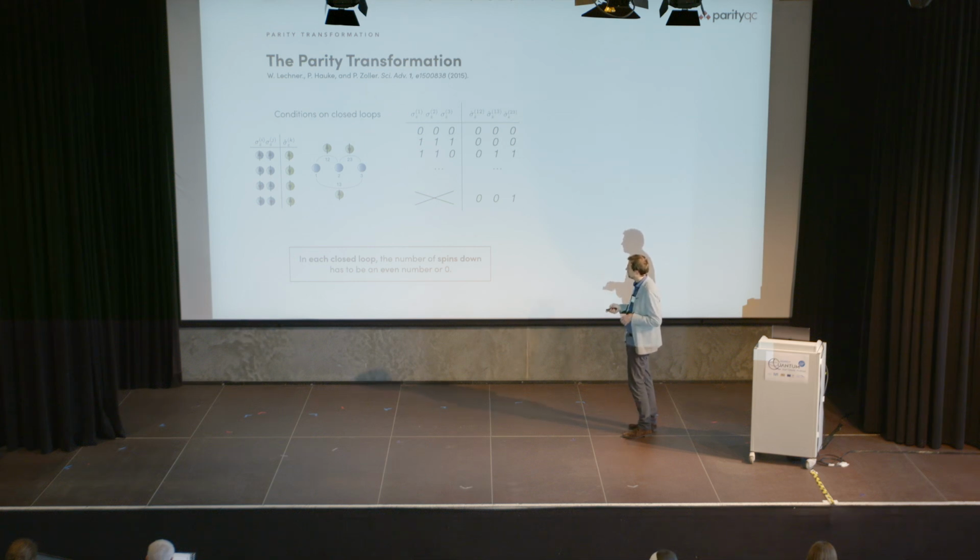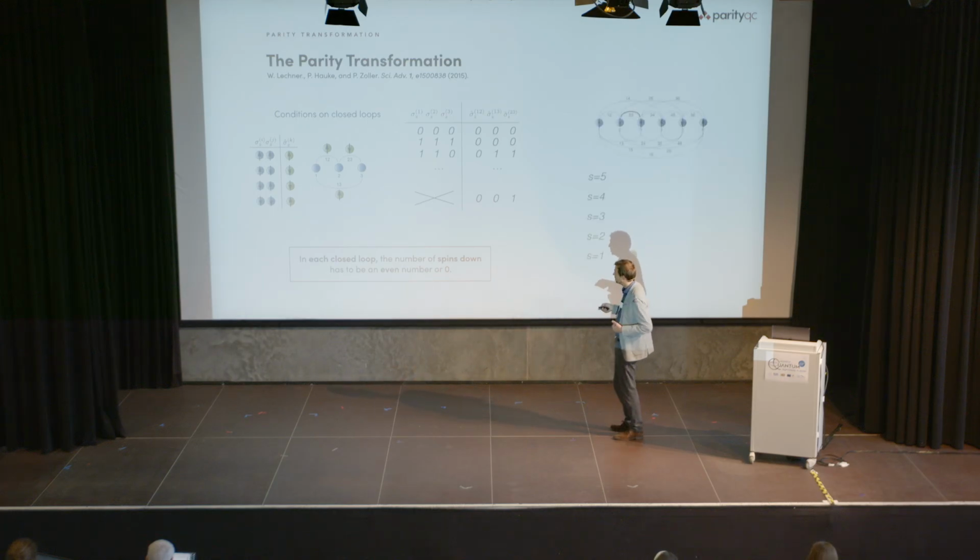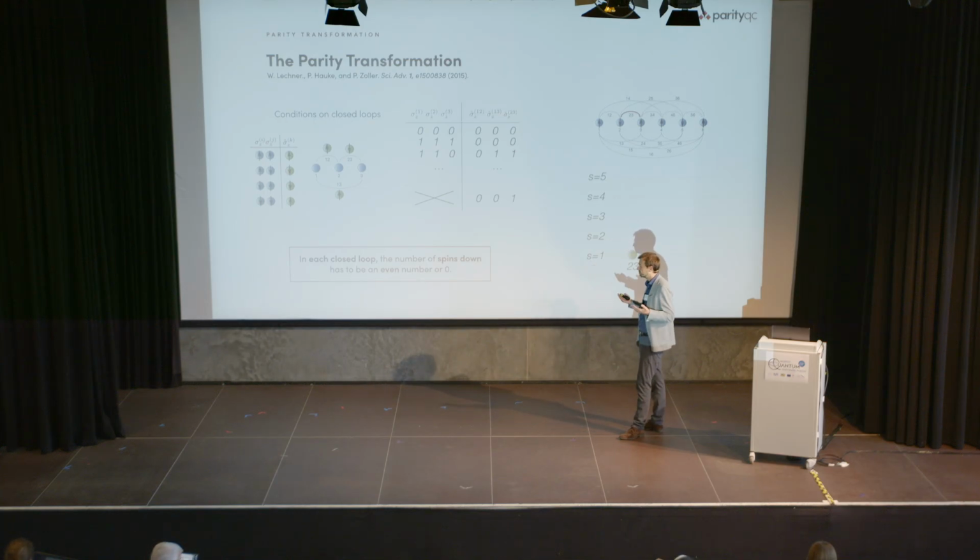Now, out of this English sentence, you can actually make an energy simply by multiplying these. So if you multiply the spins and put a minus sign in front of it, you actually have an energy penalty if there is a violation of this constraint. Which means you can now do the following strategy.